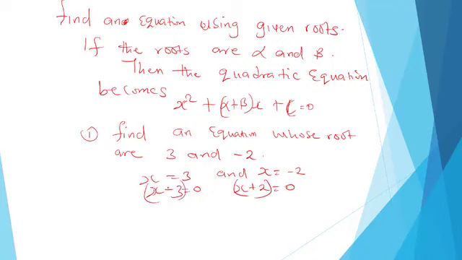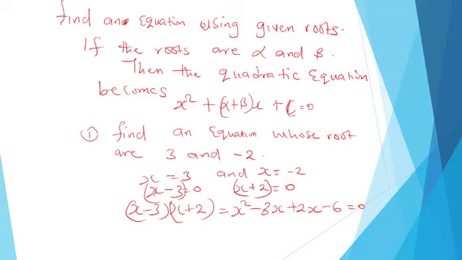We are looking for the equation itself, so you multiply both equations, x minus 3 and x plus 2. We now have it to be equals to x times x is x squared, minus 3 times x minus 3x, x times 2 plus 2x, then minus 3 times 2 minus 6 equals 0.